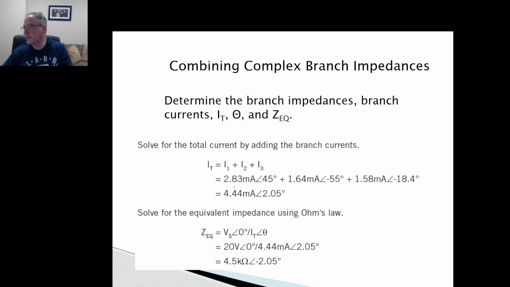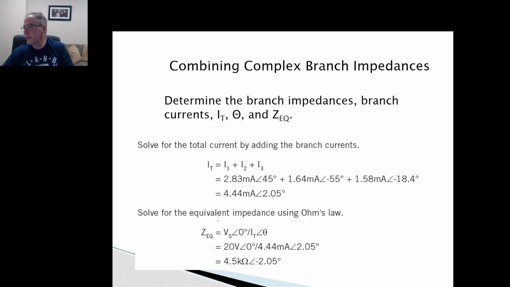So that's going to be 2.8 plus 1.64 plus 1.54, and then to add these, you can't just add 55 and negative 55 and negative. That doesn't work. You would have to convert that to rectangular, and then you can add them. Because remember, in polar, you can multiply and divide, and in rectangular, you can add, subtract. But the calculator will just do that for you.